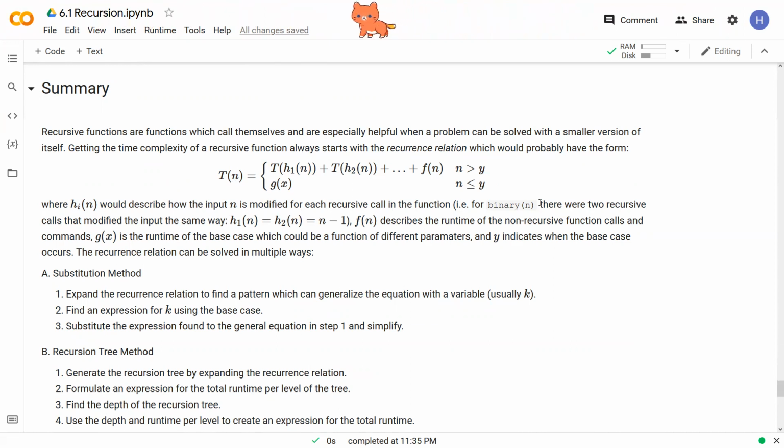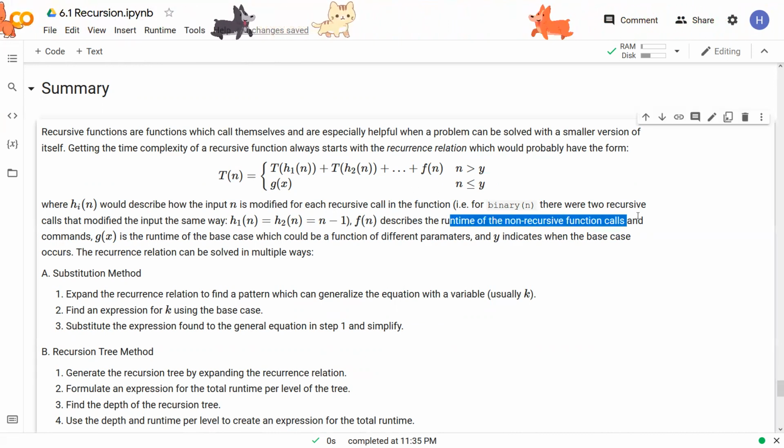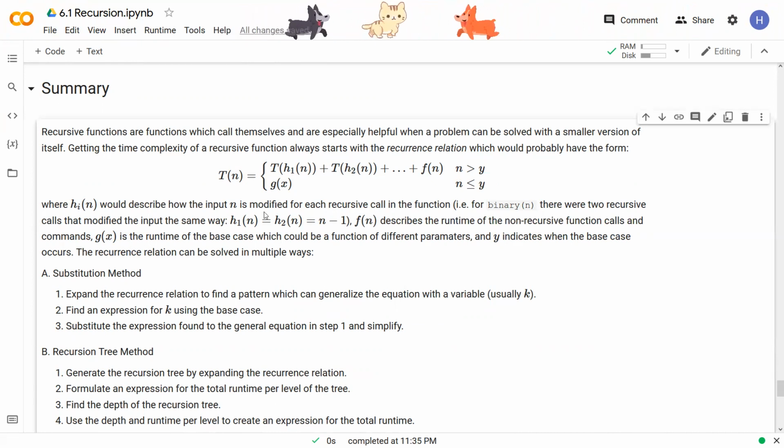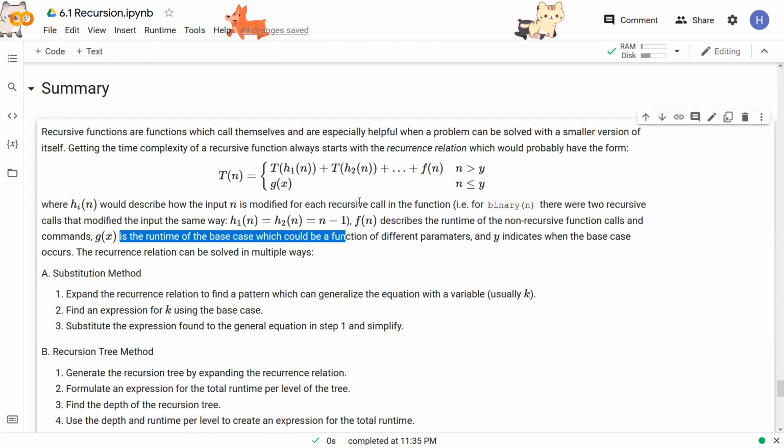So in the case of binary, yung ating h1 of n, pareho silang n-1. So dalawang n-1, so 2 times T of n-1 yung sa binary. And then yung f of n natin, siya yung nagde-describe ng ating non-recursive function calls and yung other commands ng ating algorithm. Then g of x naman yung runtime natin ng base case, which could be a function of different parameters.